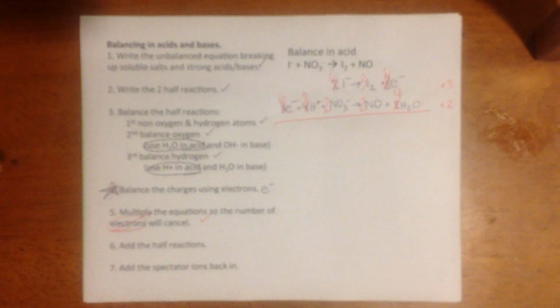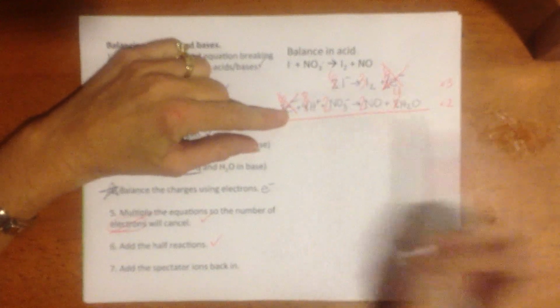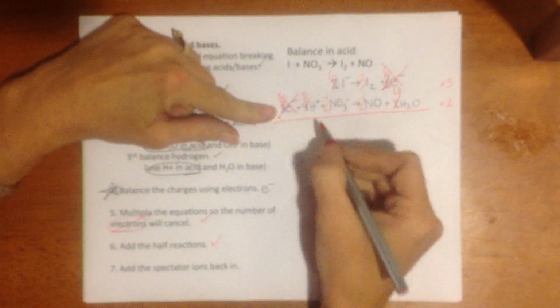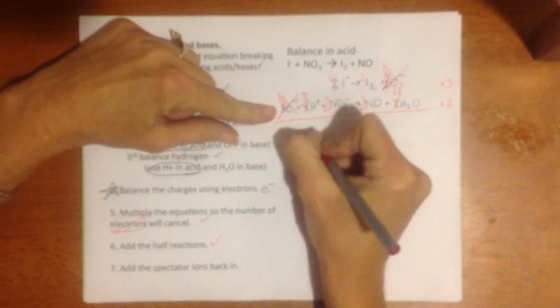And we did that so the electrons cancel. Now I'm going to add the half reactions. Okay, 6's go away. I'm looking for anything else that simplifies. I don't see it, so I'm just going to rewrite my equation with what's left over.